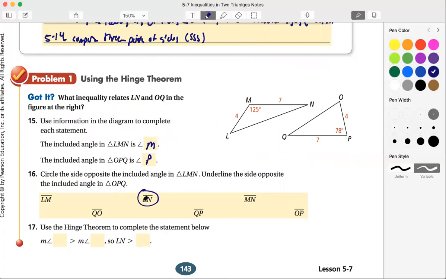Underline the side opposite the included angle in triangle OPQ, and that would be QO. So using the hinge theorem to complete the statement, the measure of angle M is greater than the measure of angle P, so we know LN is greater than OQ.